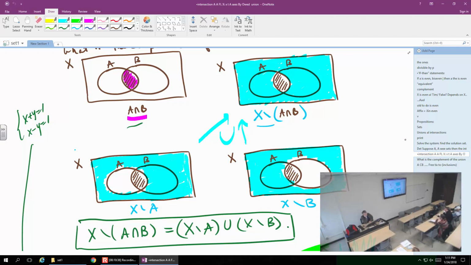The complement of the intersection is made of those two sets at the bottom, as the union. I'm not sure if it is entirely obvious how. Let me see if I can do this. Maybe it's not quite obvious.